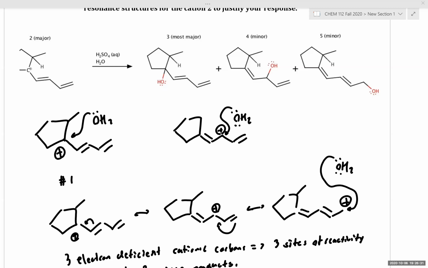That partially explains why product 3 is generated preferentially. But when this reaction is run under equilibrating conditions, you also have to look at product stability in terms of factors like conjugation and substitution. And 5 is relatively more stable than product number 4 as a result of these conjugation effects.